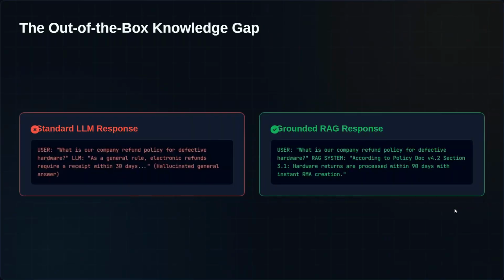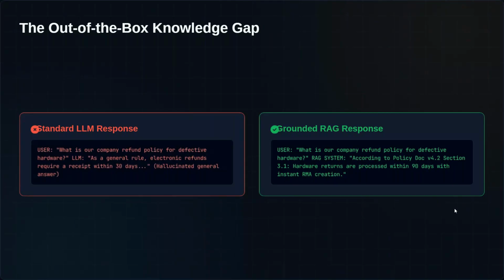So why is fine-tuning not enough? Here's a problem developers encounter. A standard LLM is asked, what is our company refund policy for defective hardware? It just gives an answer: as a general rule, electronic refunds require a receipt within 3 days.